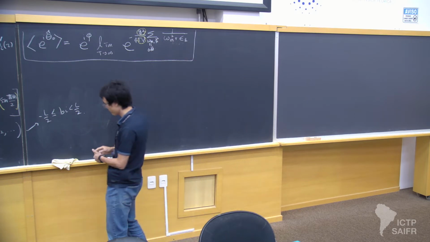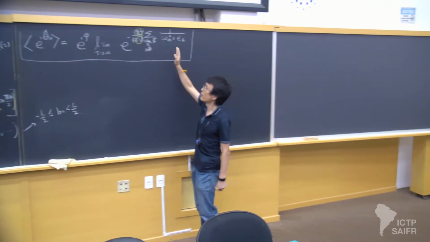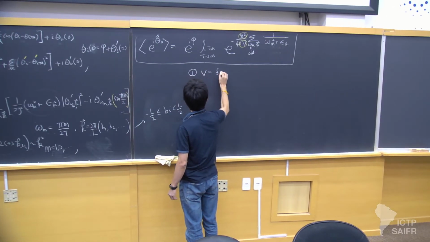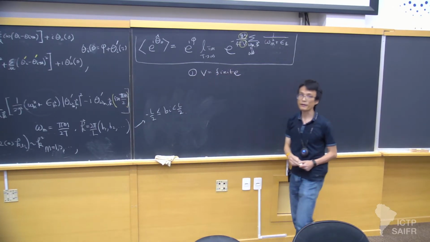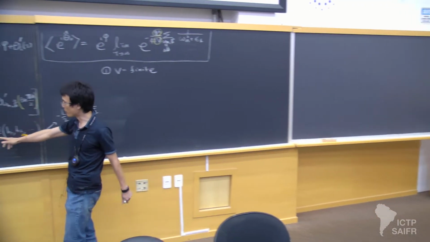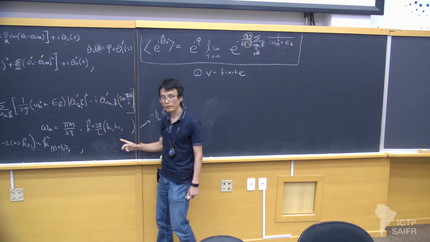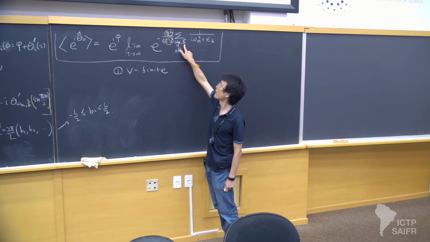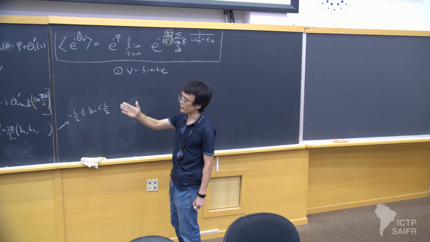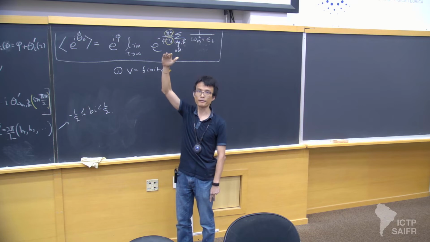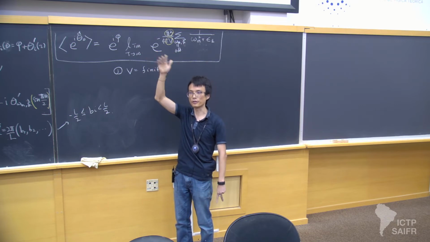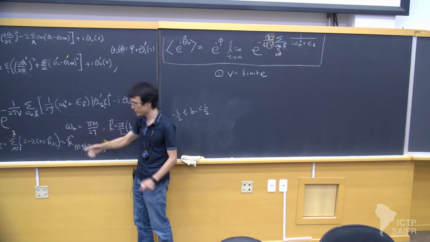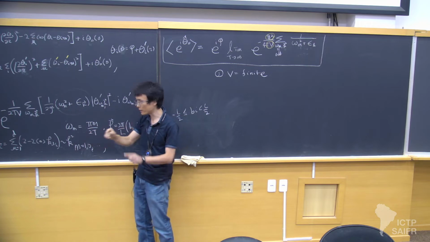Okay. Now, let's actually look at what happens first for the finite system. When system size is finite, the allowed momentum is discrete, right? So this sum over k is discrete, okay? But for the ground state, we still need to take the large T limit to completely project out all the excited states, right? And as we take the large T limit, the interval between discrete frequencies goes to 0, right?